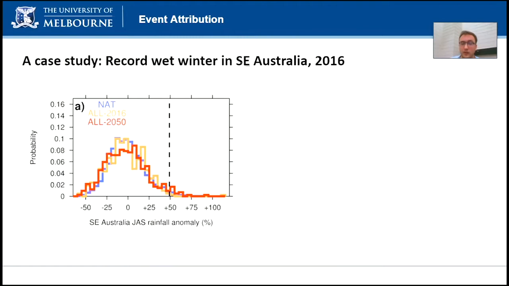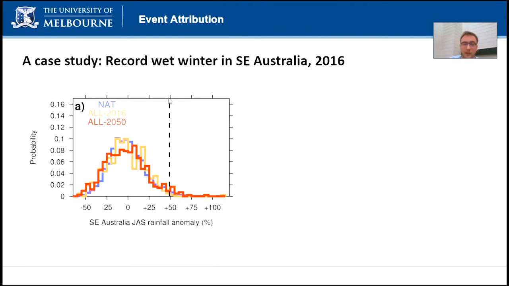The orange distribution is for the world of today, so that's including both natural and anthropogenic simulations today. And then the red curve I also added because I was interested in looking at the future, and that's using mid-21st century conditions, so increased greenhouse gas concentrations. And if we compare those three distributions, we don't really see much change between them.